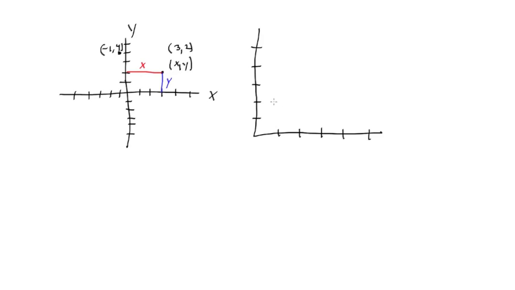Okay, so I'm going to put 2 kind of arbitrary points here. Even though this looks like the point 1, comma 2, I'm actually just going to call it x1, comma y1. And I'll put another point, say right here, that I will call x2, comma y2.